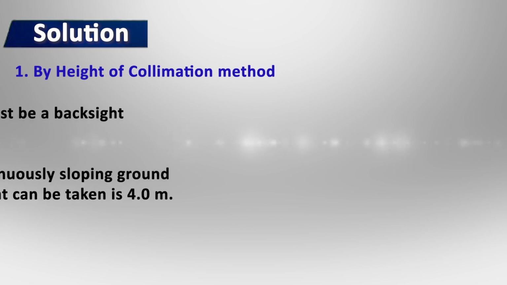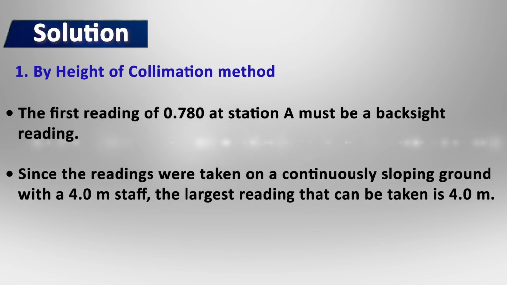So, the first reading, that is 0.780 at station A, must be a backsight reading. In the previous question, shifting of the instrument was already mentioned, but in this question we have to identify it. Since the readings were taken on a continuously sloping ground with a 4 meter staff, the largest reading that can be taken would be 4 meter.